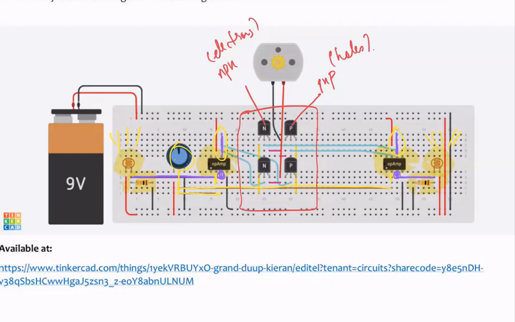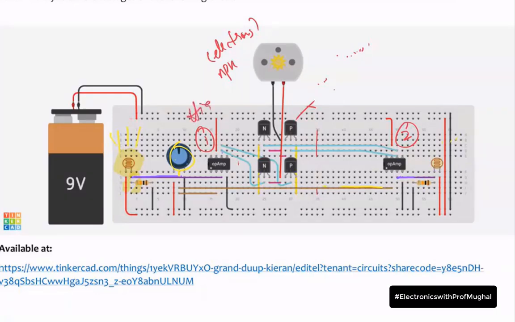Okay, now consider the case here when the output of the first comparator, let me just erase some of the stuff here. Okay, so we have comparator number 1 here, and comparator number 2 here. When the output of the first comparator is high and the output of the second comparator is low, so this is high and this is low, okay?